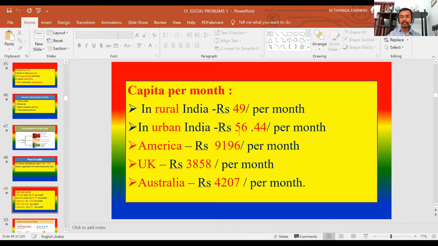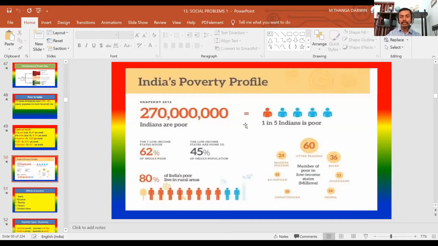But India is a developing country. The earning capacity is very, very low due to infrastructure, policies, and mainly education and health. Then India's poverty profile, look at this. India's poor.